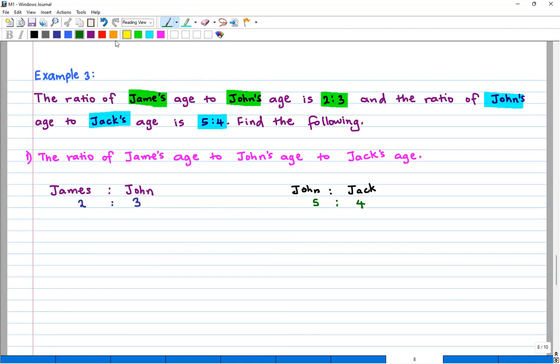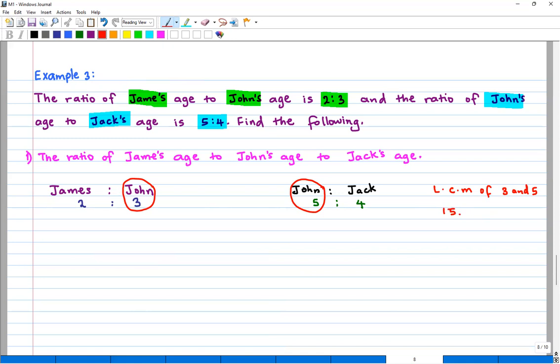You see, the common part is John. We have John here, and again we have John here. Now, this implies that we need to get the LCM of 3 and 5. The LCM of 3 and 5 will be 15.